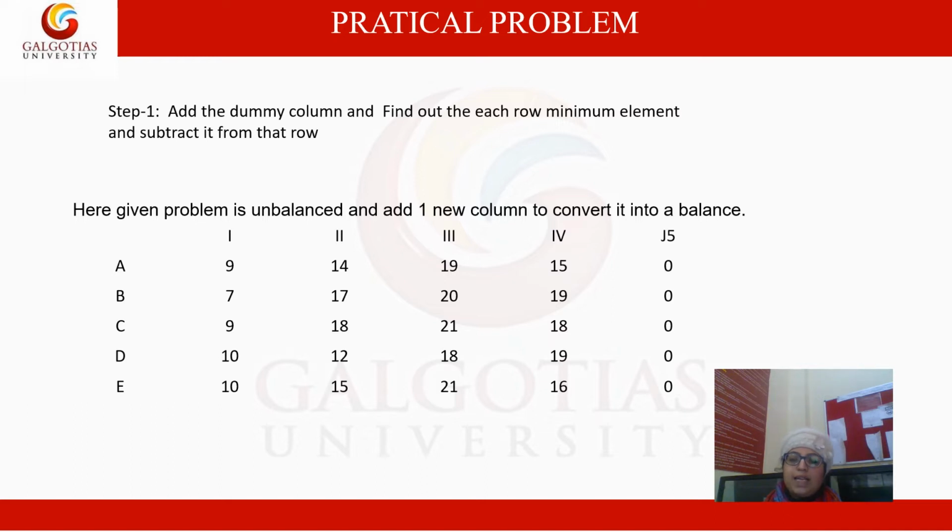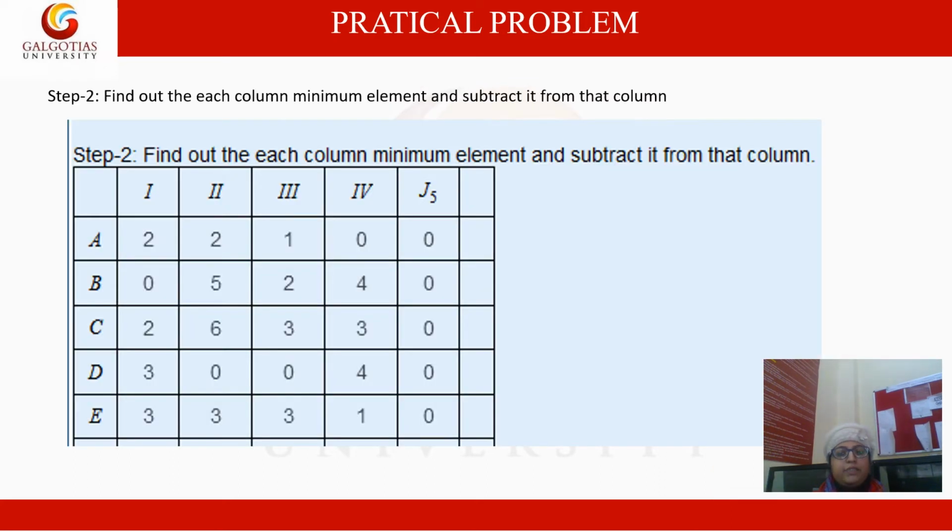When we add the dummy column, the minimum element in each row will be 0. Then we take the minimum element in each column. Let's find the minimum element in each column. In the first column, the minimum element is 7.